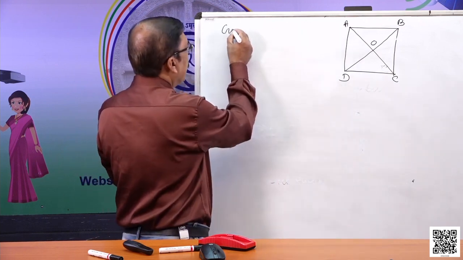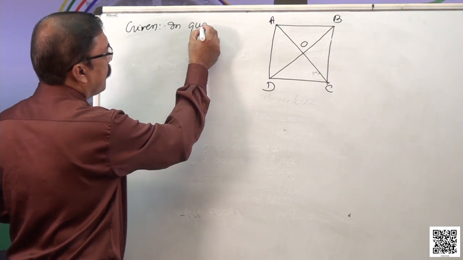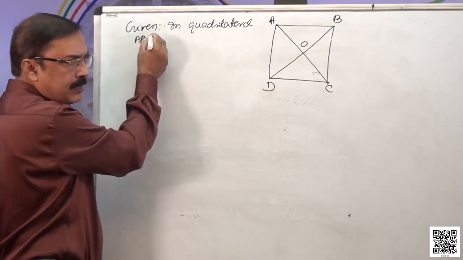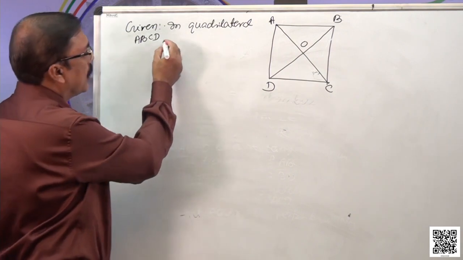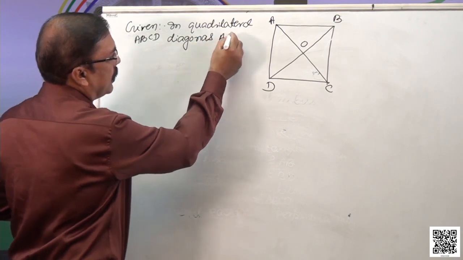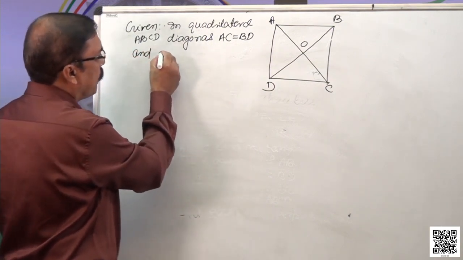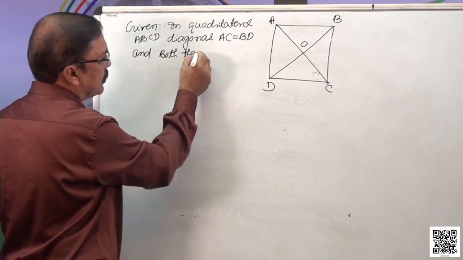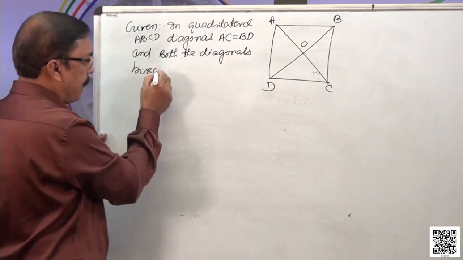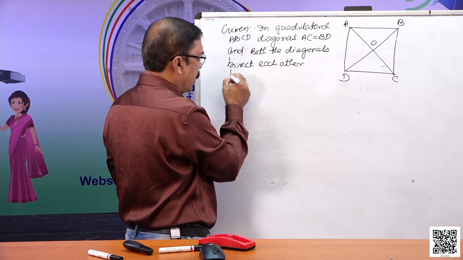So here it is given that in quadrilateral ABCD, diagonals AC is equal to BD and both the diagonals bisect each other perpendicularly.